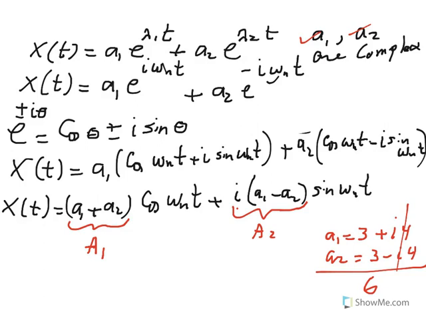Of course, this is just an arbitrary constant that I picked. But I just wanted to show you that a1 plus a2 is going to be a real constant. And similarly, if you do a1 minus a2 and multiply it by i, you get a constant that is real.